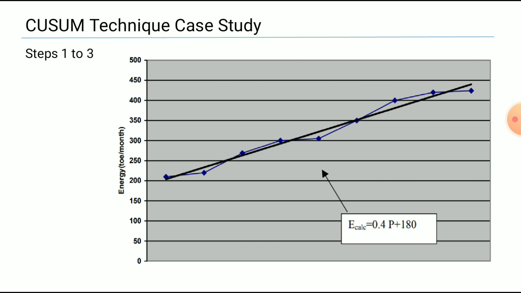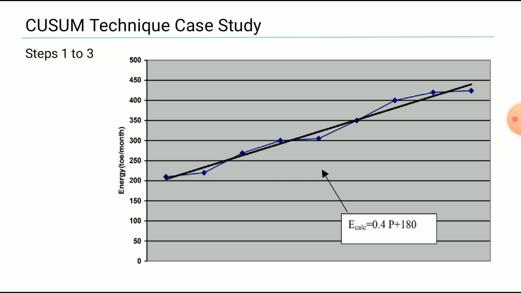If we combine step numbers first, second and third, we implement the steps first, second, third. So this graph shows the energy versus production. The energy is plotted on the y-axis because it is the dependent variable, and the production is plotted on the x-axis because it is the independent parameter.